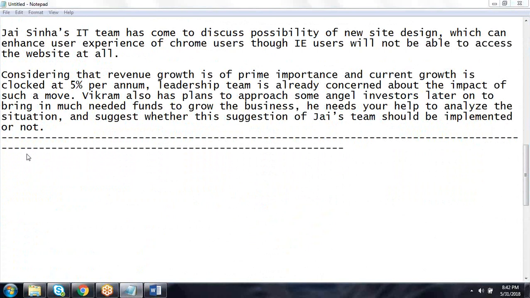Whether tech move will impact growth. What is the business problem do you see over here? Revenue growth is a problem, right? Revenue growth is a problem over here, right?